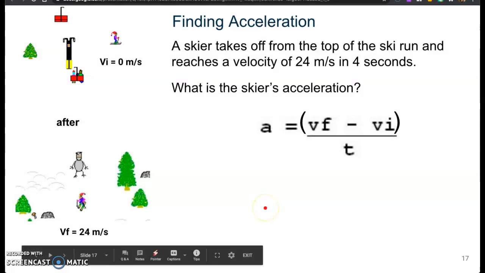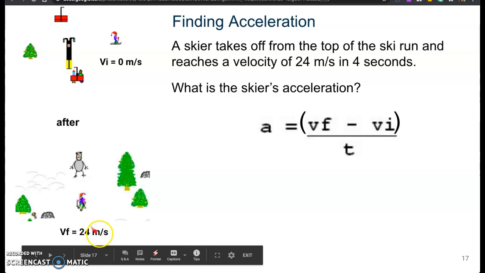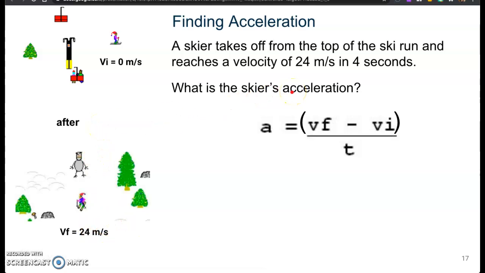So let's do some practice problems. A skier takes off from the top of a ski run and reaches a velocity of 24 meters per second after 4 seconds. What is the skier's acceleration? Here's my equation. Acceleration equals final velocity minus initial velocity divided by time.